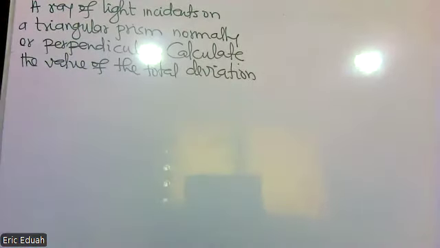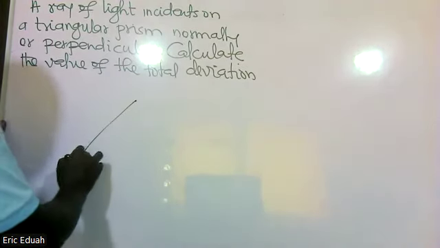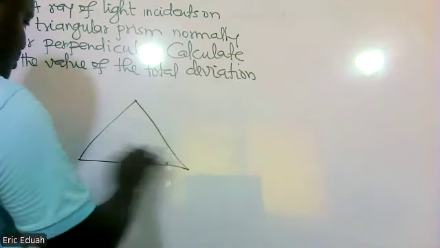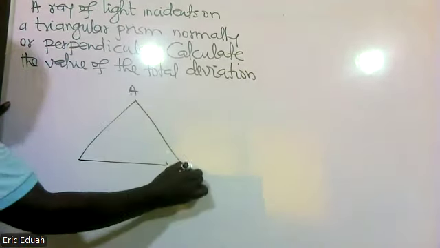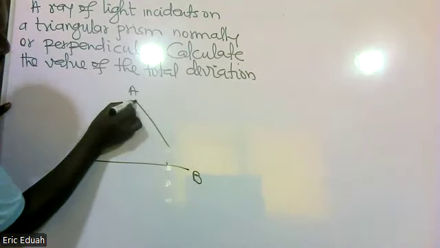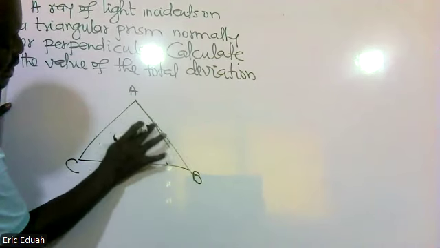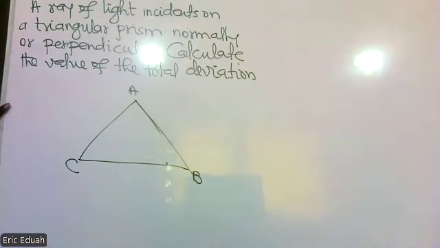And the third question, what do they mean? This is a triangular prism, let's say A, B, C. So the refracting planes are actually AB and AC.